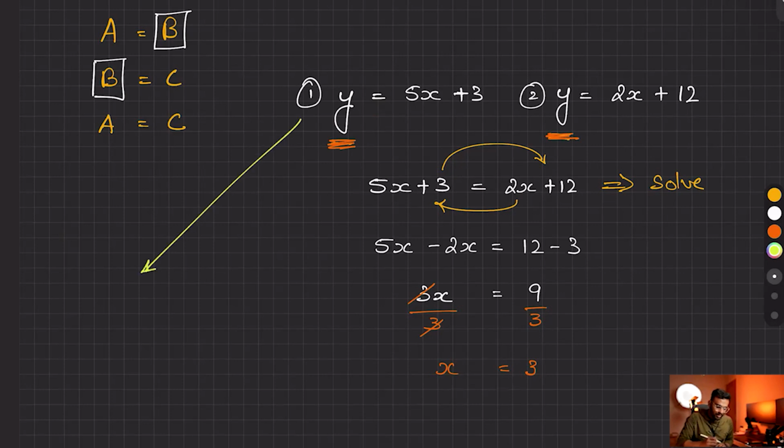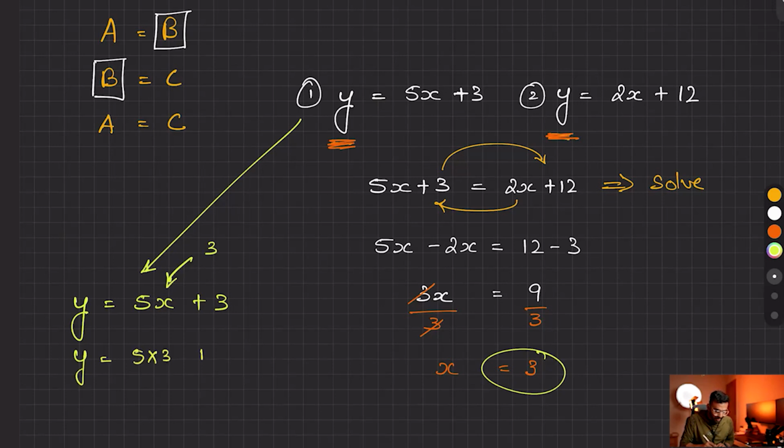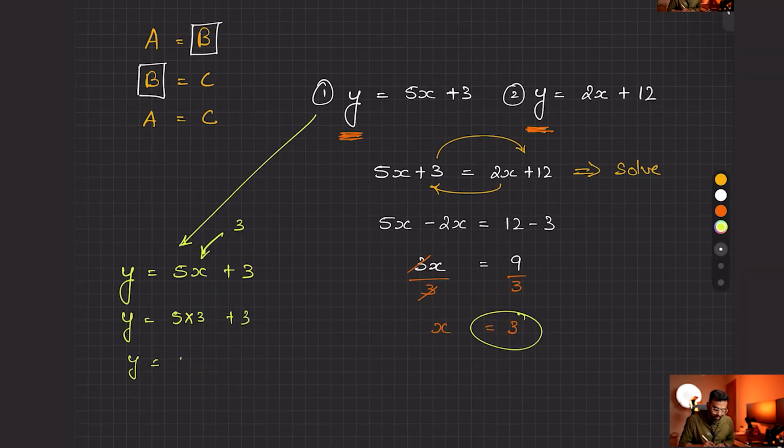I'm going to pick this equation: y equals 5x plus 3. Do you see this x equal to 3? I'm going to put that here. So y equals 5 times 3 plus 3, y equals 15 plus 3, y equals 18. So what is the coordinate, guys? 3, 18. Substitution method done. Are you guys clear with this?